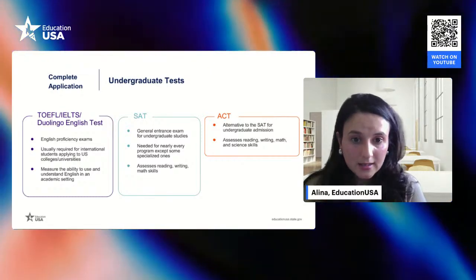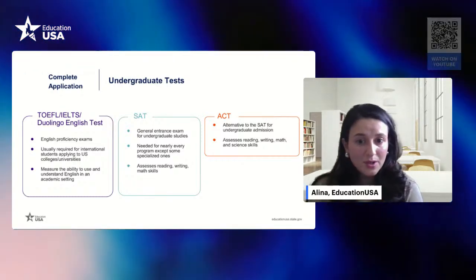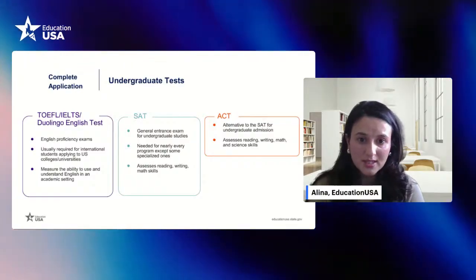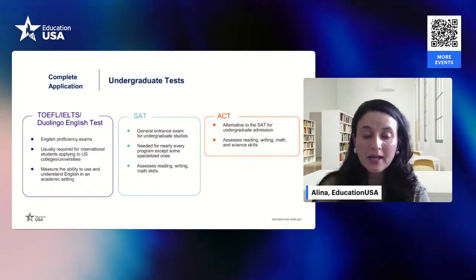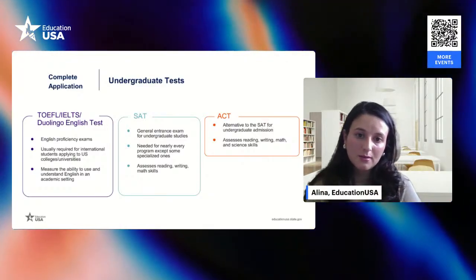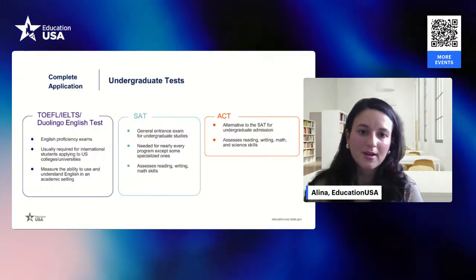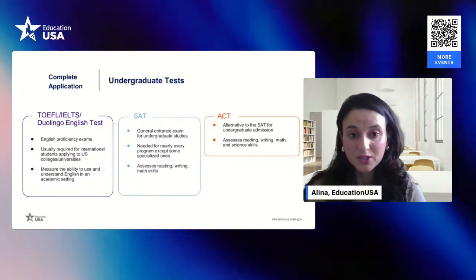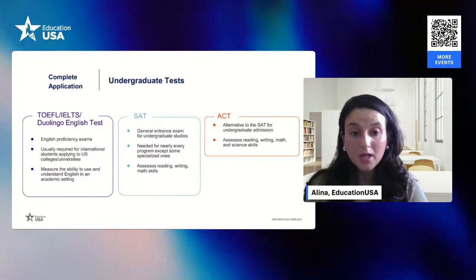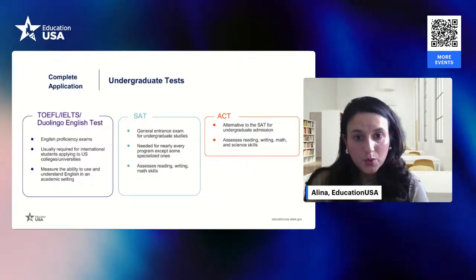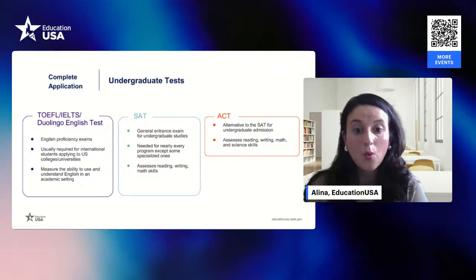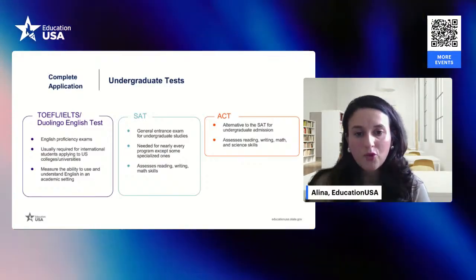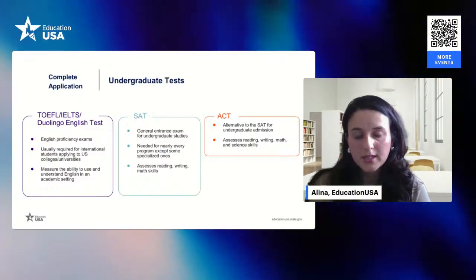Then SAT, that's an optional test, even though a lot of universities and colleges are going back to making it mandatory, because this is not only a very good benefit to get a scholarship, but it also gives the admission commission a very good understanding of how well prepared you are for your bachelor degree.